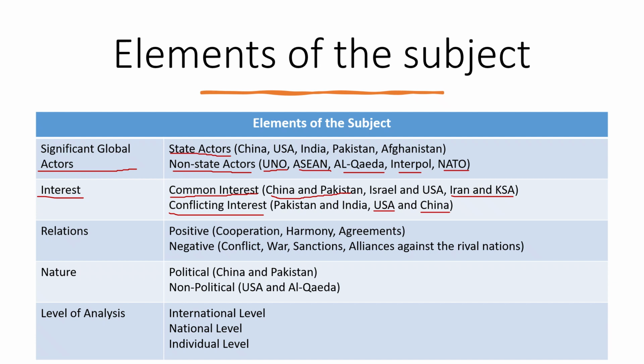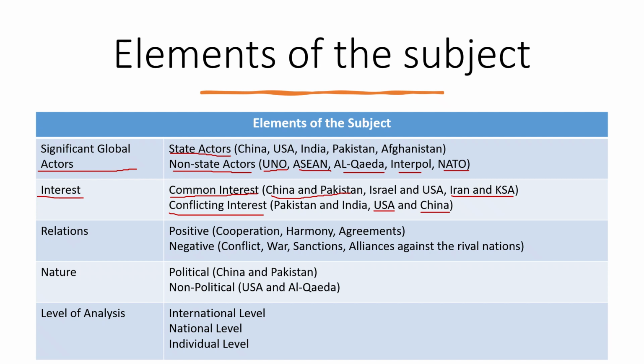And if USA and China have conflicting interest, they would also develop a relation, and that relation would be negative. State actors and non-state actors develop relations based on the interest. This is the significance of interest. And I hope that the definition of international relations is now making more sense because we are studying the elements of the subject.